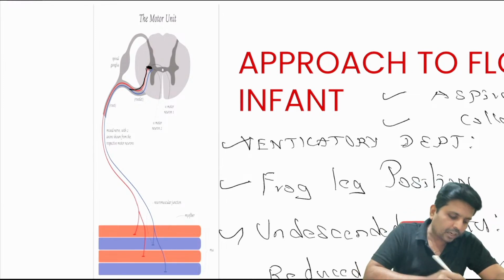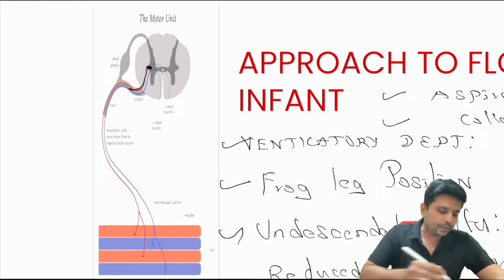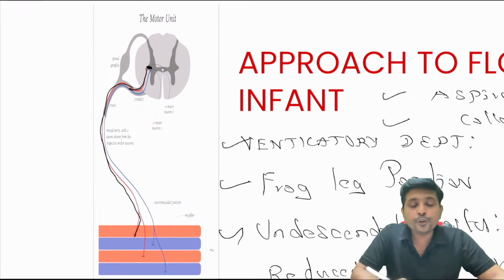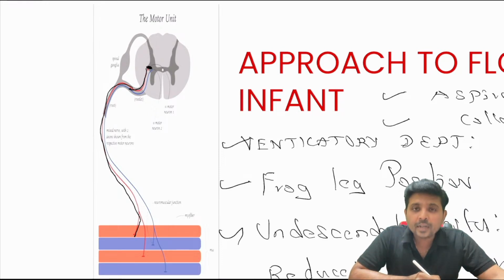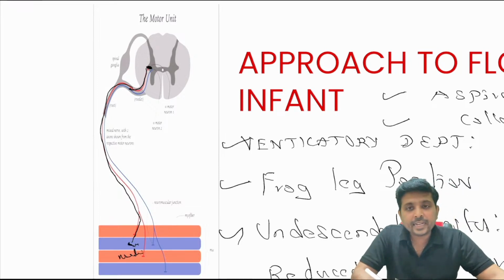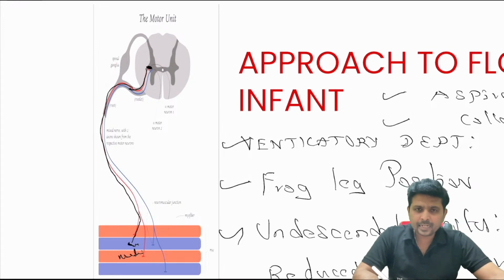It travels as a peripheral nerve from the anterior horn cell, and then the peripheral nerve goes and joins the neuromuscular junction and the muscle, and finally it elicits an action potential in the muscle, right?